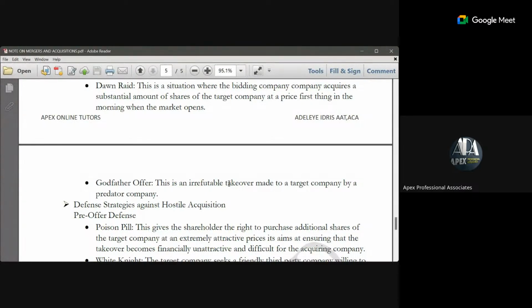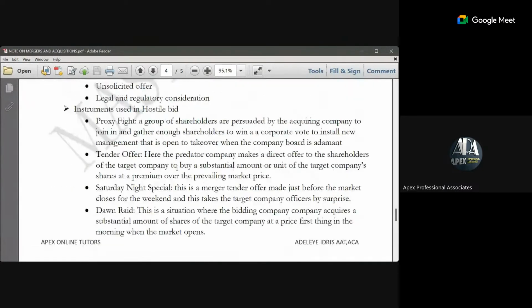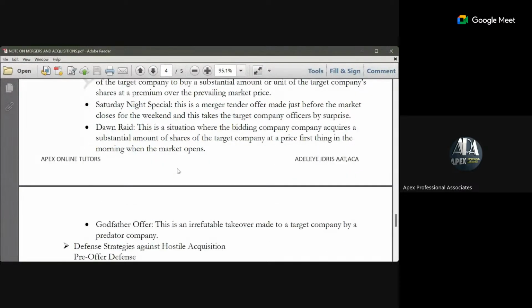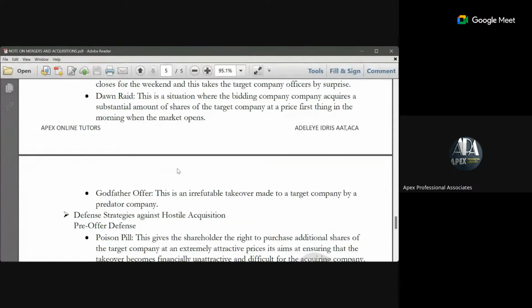Or they say, okay, for every one share, you get 3 shares or 5 shares of the new company. Of course, you that have one share, when they give you such an offer, you will not be able to refuse, because it is a form of wealth increment. So these are the tools that are being used in a hostile acquisition or a hostile takeover.